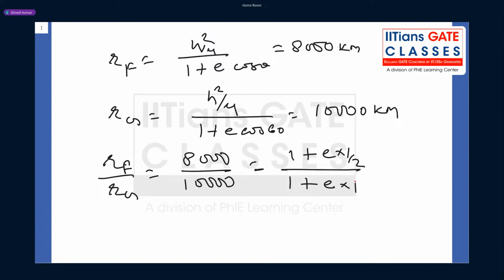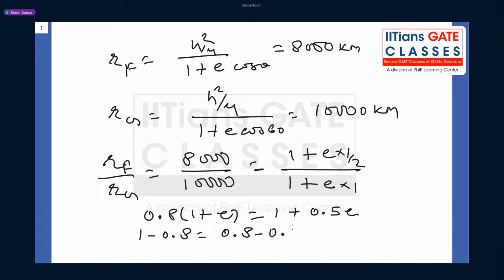So from here we get 0.8 into (1 plus e) is equal to 1 plus 0.5e. So 1 minus 0.8 is equal to 0.8e minus 0.5e, so 0.2 is equal to 0.3e, and from here e will be 2 by 3, which is 0.667.